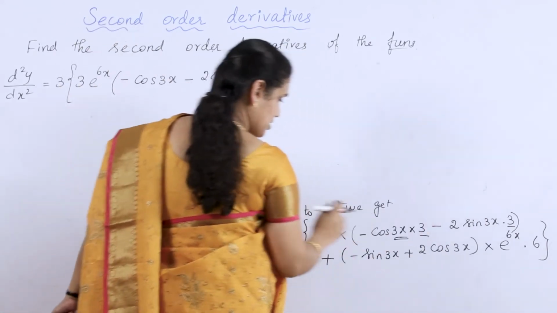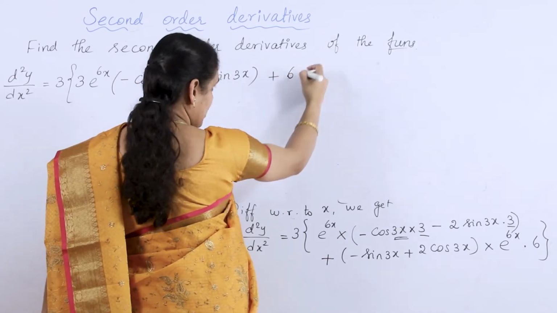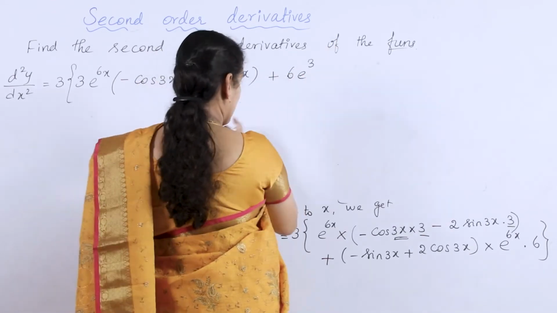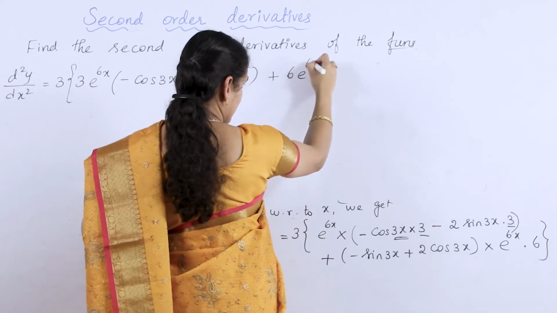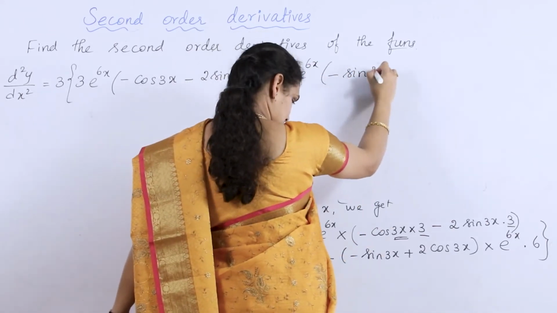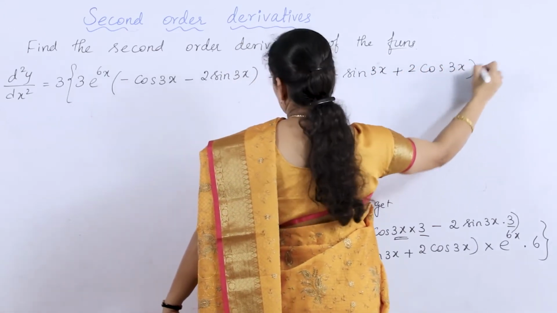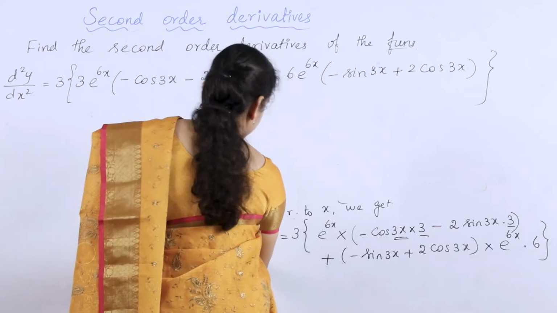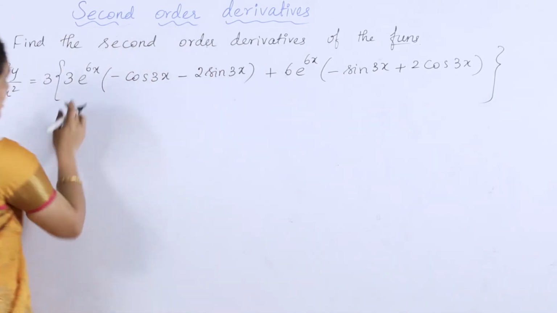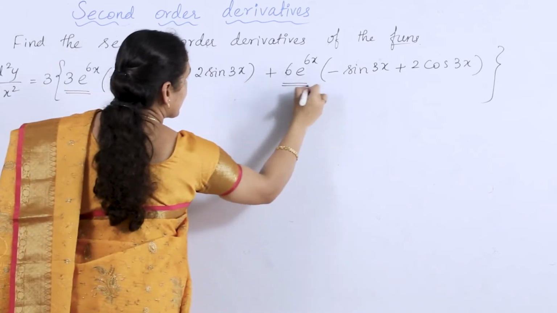And in the second term, we can write this 6 e to the power 6x in front of the bracket, then inside the bracket we have minus sin 3x plus 2 cos 3x. Close the bracket. Now here in these two, we can take 3 e to the power 6x common.